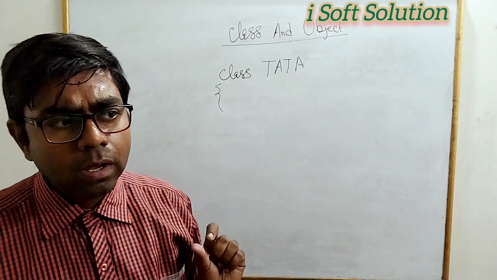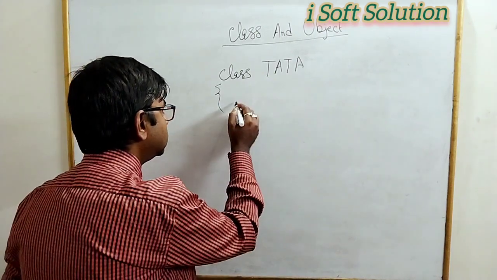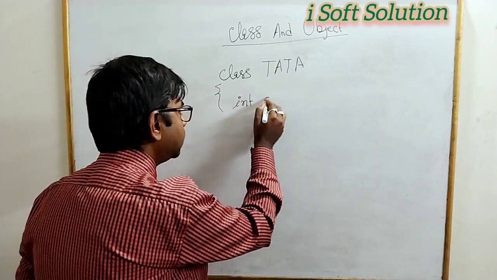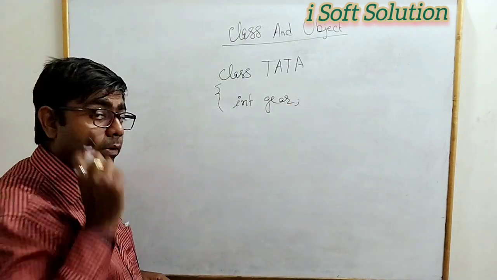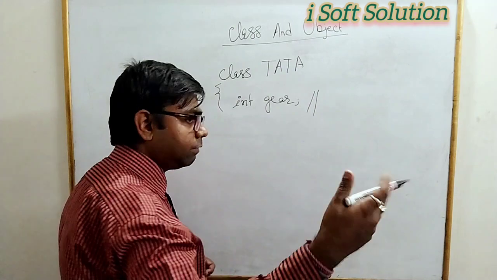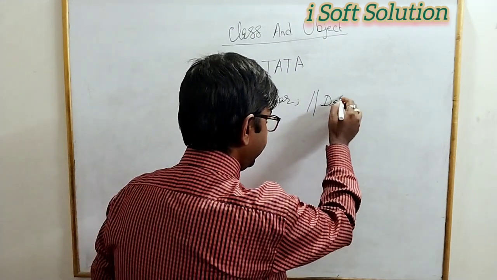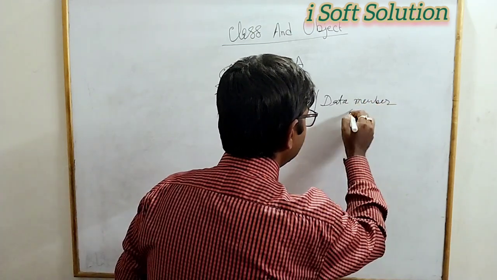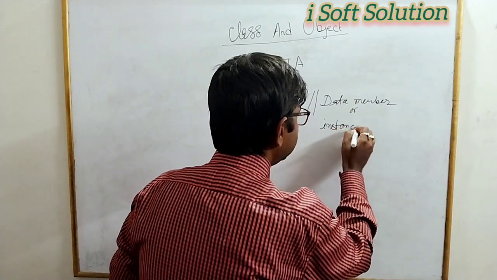One data member and one method. So the data member is like int gear. This is the data member, or better to be called, in Java it is called instance variable.